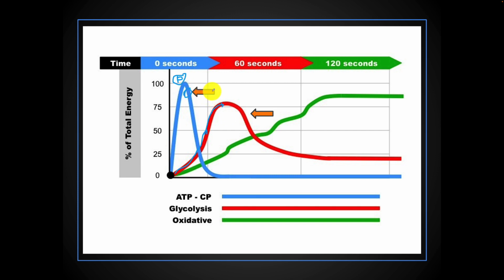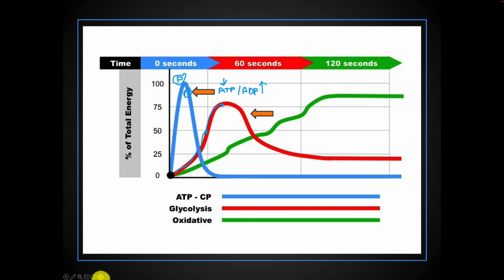What is happening here is there is a shift in the ratio of ATP to ADP. ATP starts to go down, and you can see that by this change in the slope here, and ADP will start to rise.